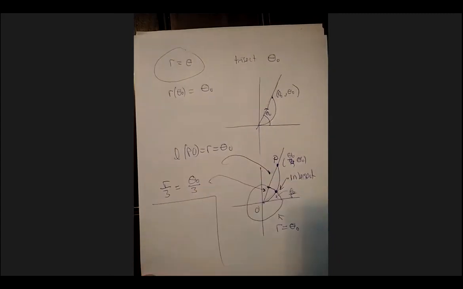I want you to convince yourself using math that that's the case. The intersection of the circle of radius theta naught over 3 with the curve r equals theta produces this angle, theta naught over 3. The calculation isn't complicated at all. It's more about thinking about it. It may be complicated, it may not be.